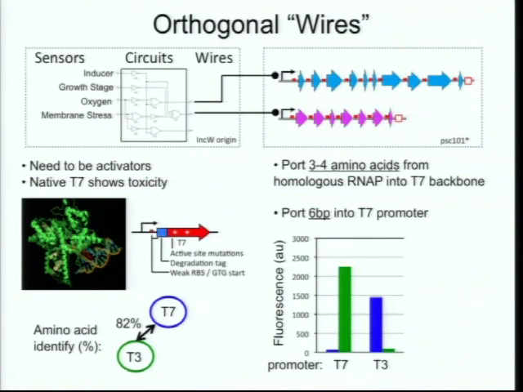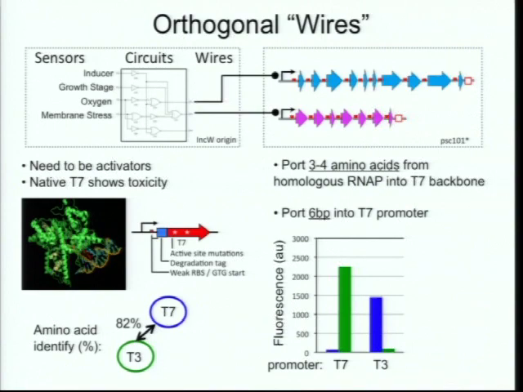You then have to make a 6 base pair change to this T7 promoter, which then gives the binding site that's associated with that particular polymerase. And so the first system that we did was the T3 polymerase, where here you can see if you take the T7 promoter and you add the T7 polymerase, you get activity. T3 is inactive.